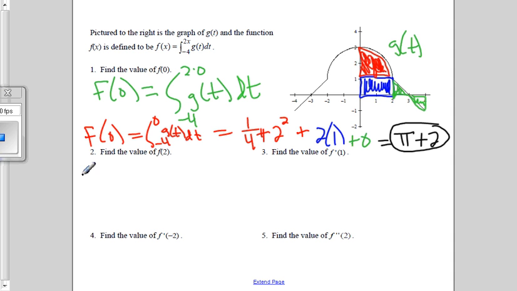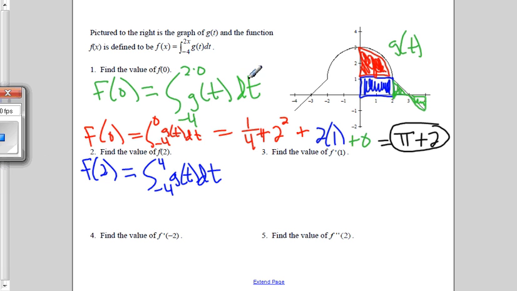And now we need to do the same exact thing for number 2. Okay, so now when I put a 2 in, that's negative 4 to 4. I should notice as I go from here over that they're symmetric from negative 4 to 4. So everything I found over here will be over on this side.